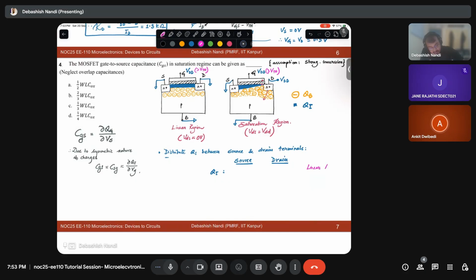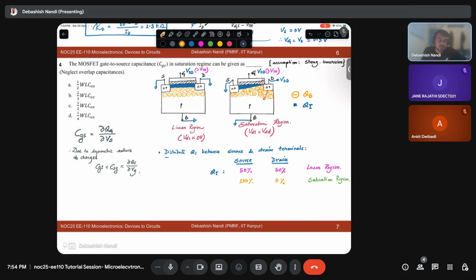For linear, it would be 50-50 because the charge profile is rectangular, so we can equally distribute. And what about QI? What about saturation? So charge, I guess, more will be on the source side and then the drain side. So there are models which consider 100% at the source side, 0% at the drain side.